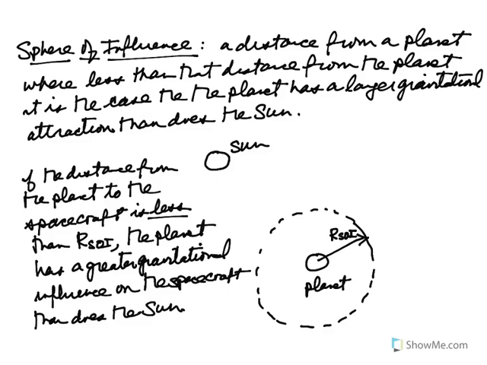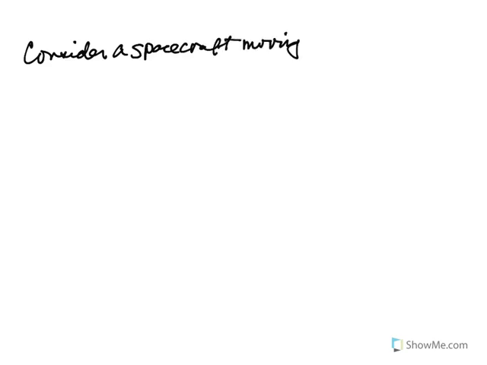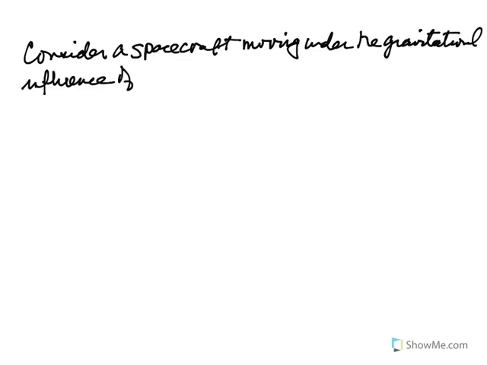So in order to derive this, we have to deal with the following diagram. Consider a spacecraft moving under the gravitational influence of both a planet and the sun.